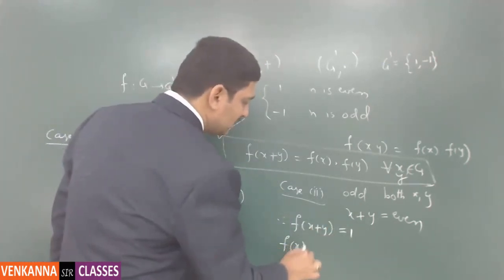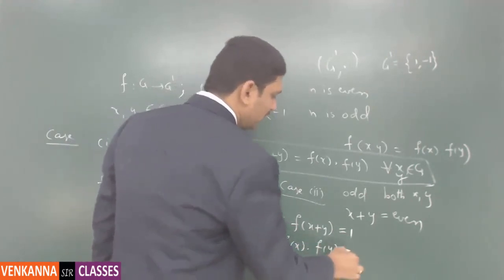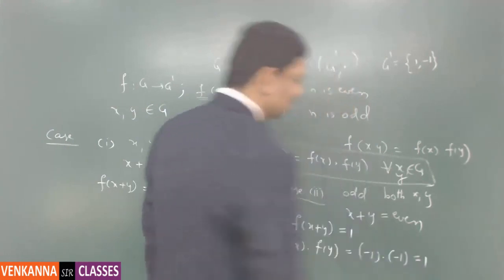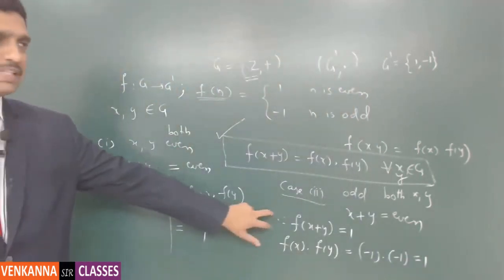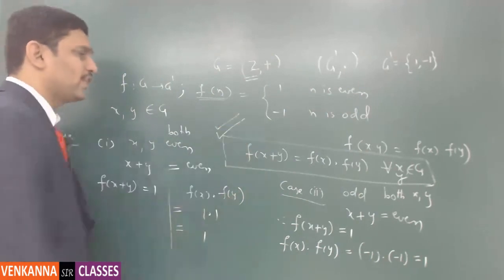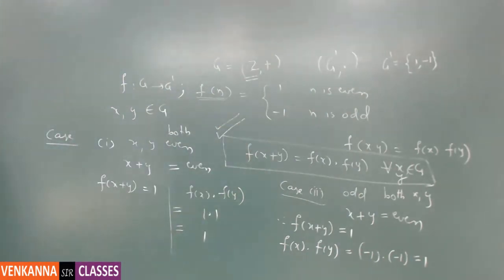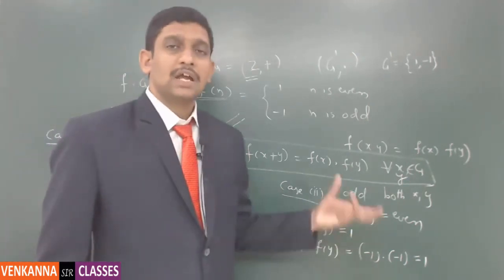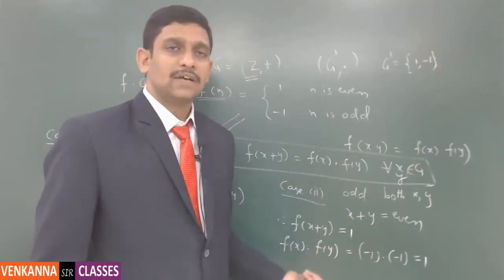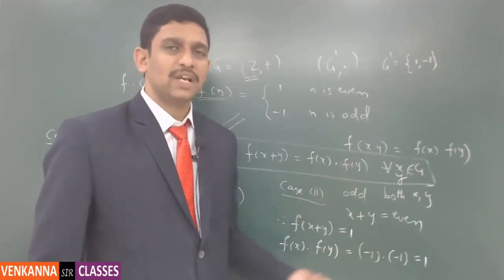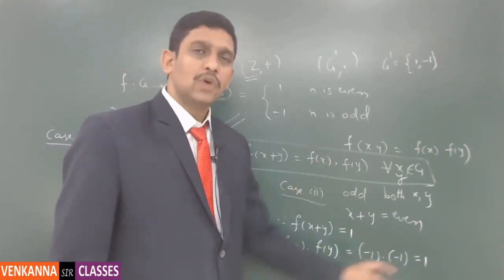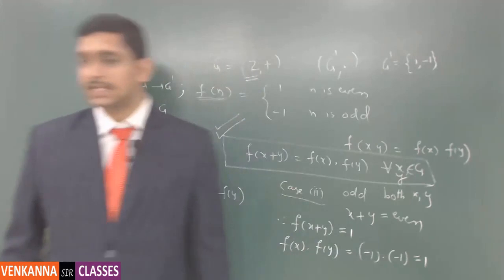If you consider f(x) · f(y), it is (-1) · (-1), so the value is 1. So in this case also, this condition is satisfied by f: f(x + y) = f(x) · f(y). Since x is odd, f(x) is -1. Since y is an odd integer, f(y) is -1. So the product gives 1 as the result.